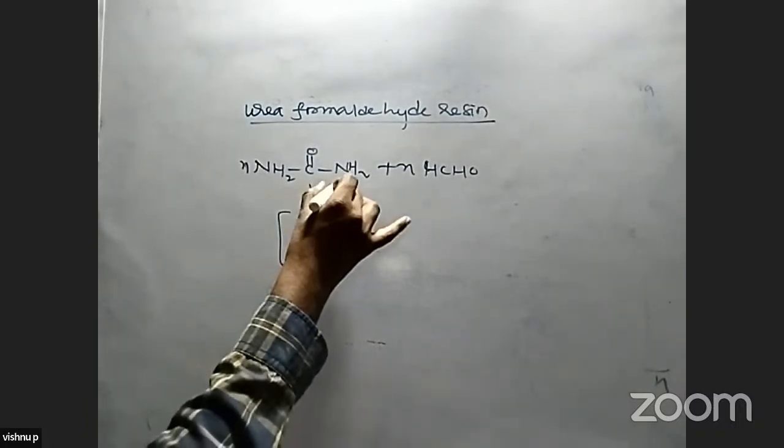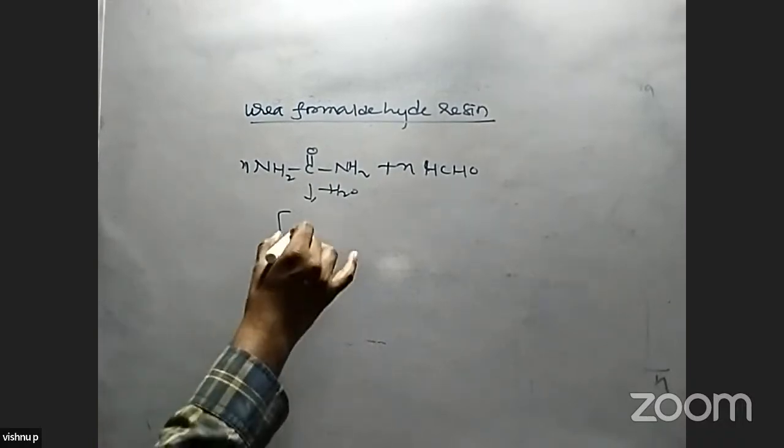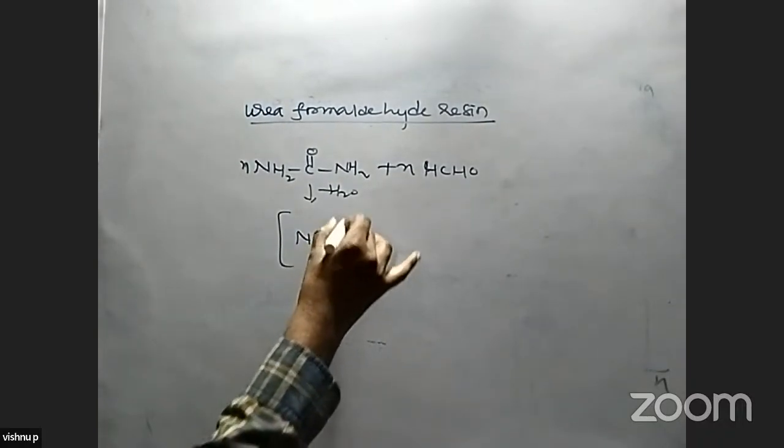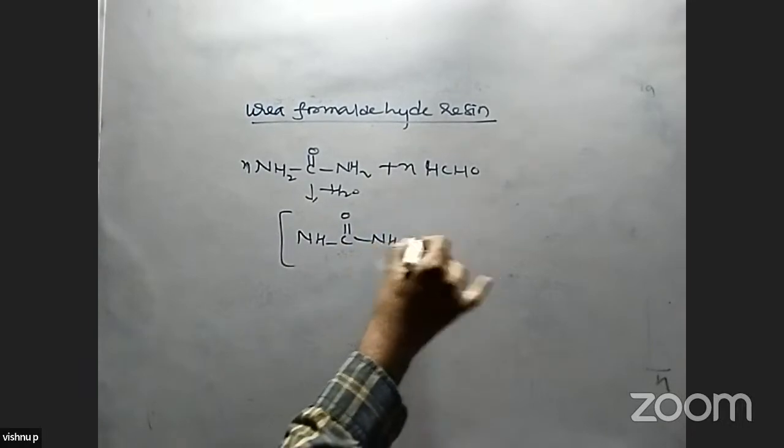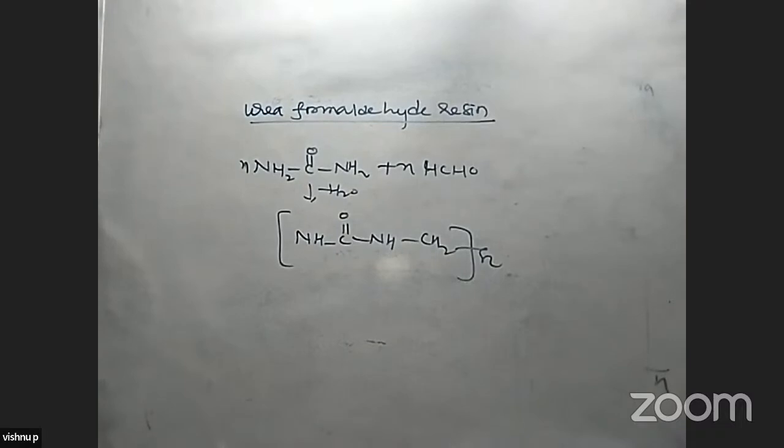It is an example of condensation polymerization because it is formed by losing some water molecules. So we get this compound here, CH2 with n number of molecules. What is the important use of urea formaldehyde resin?